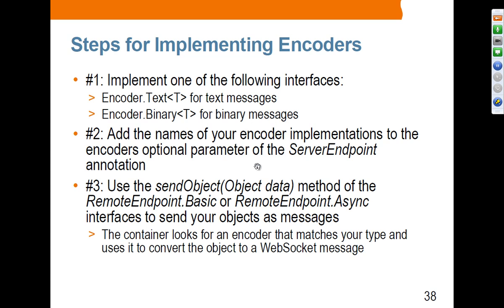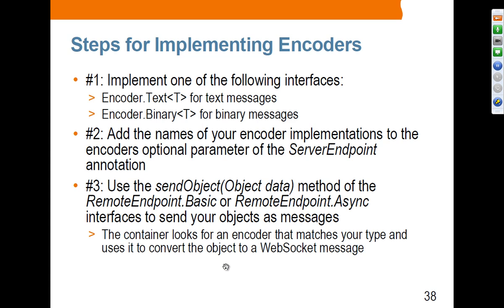Then add the names of your encoder implementations to the encoders optional parameter in the ServerEndpoint annotation. So you have to configure your encoder and decoder in the server endpoint annotation. We'll see an example of that. Then you use the sendObject method of the RemoteEndpoint.Basic interface to send your object as a message.